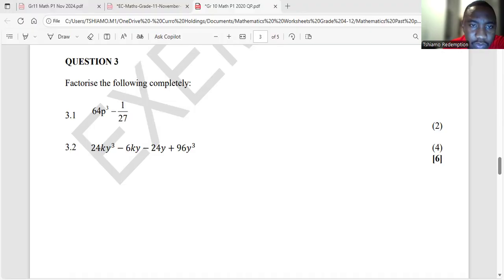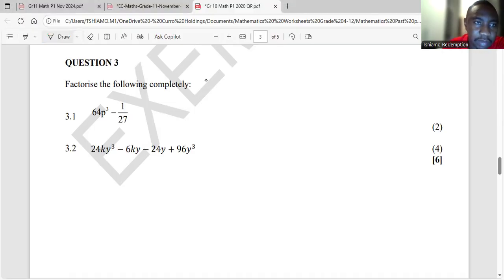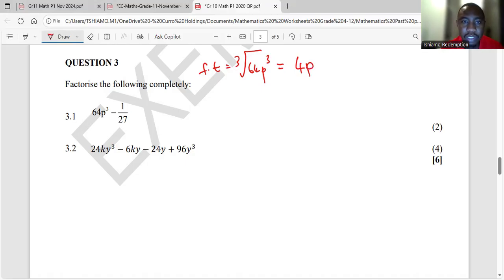So sum or difference of cubes, we need the first term. Let me write it here. First term, we find the cube root. The cube root of 64p cubed will be, how much is it? 4. Yes, 4. And then p cubed will be p. So first term is that.